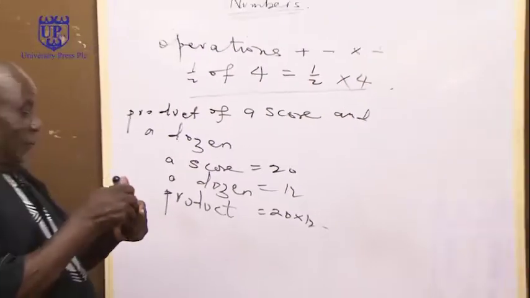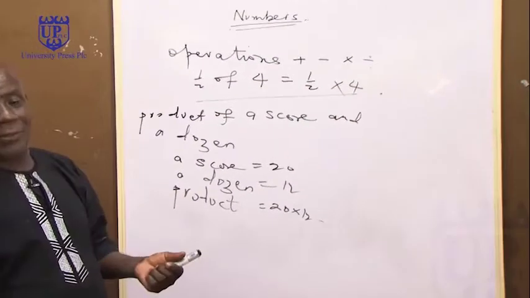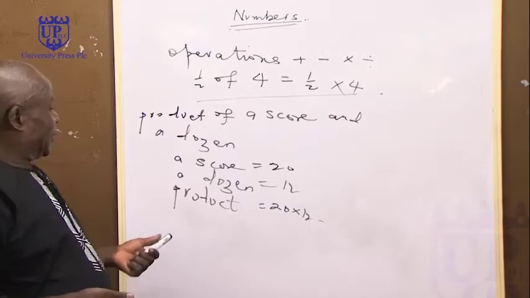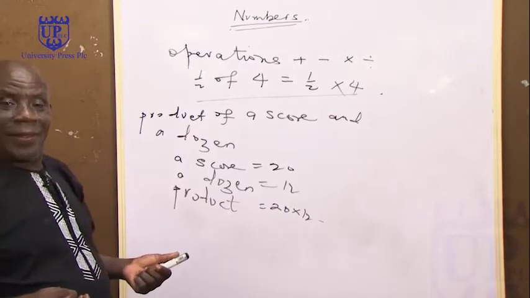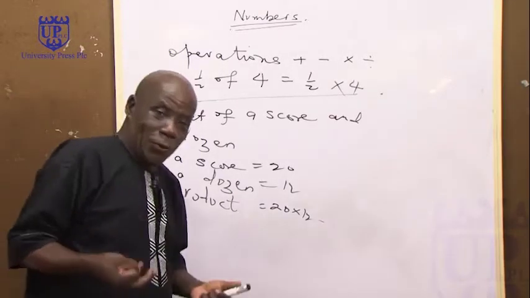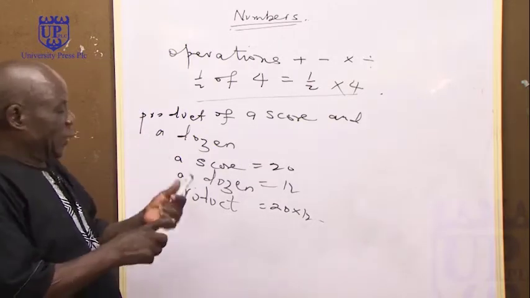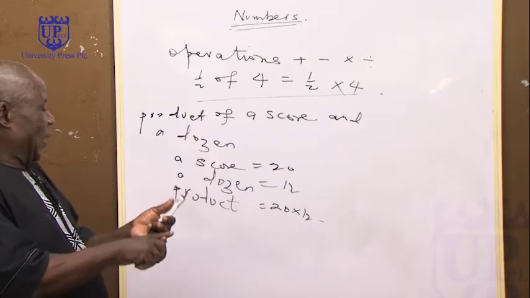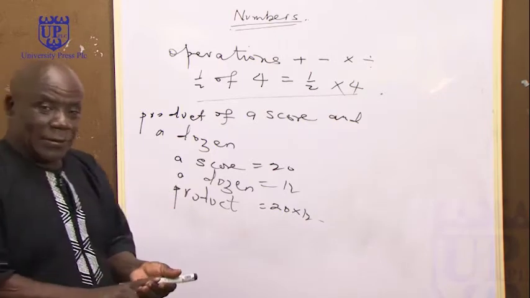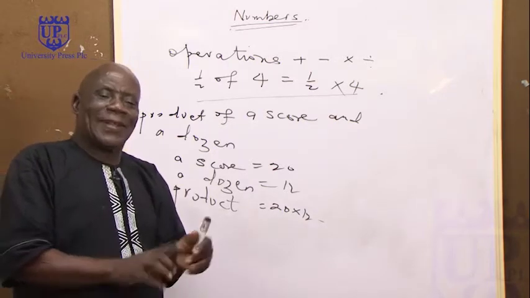That is one. What is a gross? You know a gross? What is a gross? What is a dozen? You have to know the relationship between a score, a dozen, a gross. Now that is one.